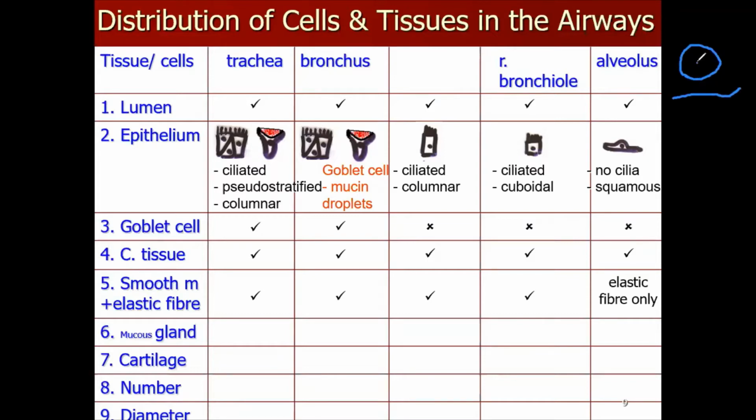If it's very thick, you have to move very far before it can go into the capillary. So you don't want smooth muscle, so the wall becomes thinner and the distance for travelling becomes shorter.